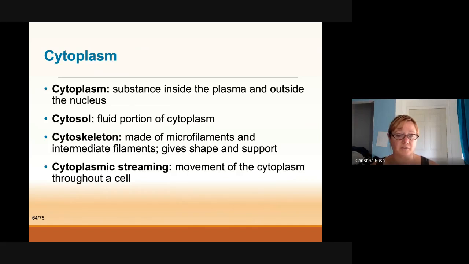It's made up of microfilaments and intermediate filaments, and it's going to give shape and support, and it's also going to be very active in cell division. The cytoskeleton's pretty important in eukaryotic cells for that cell division because of all the organelles. Things have to be organized very specifically before a cell can divide. Cytoplasmic streaming is the movement of the cytoplasm through a cell.